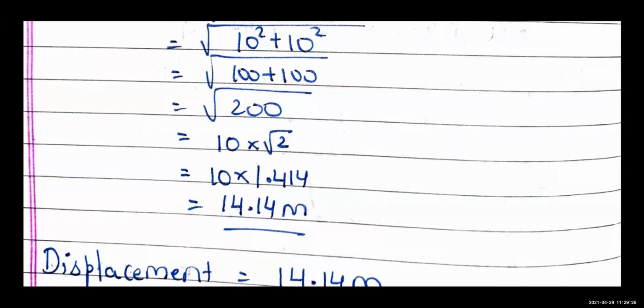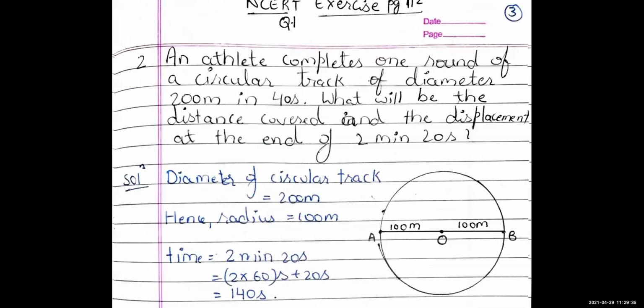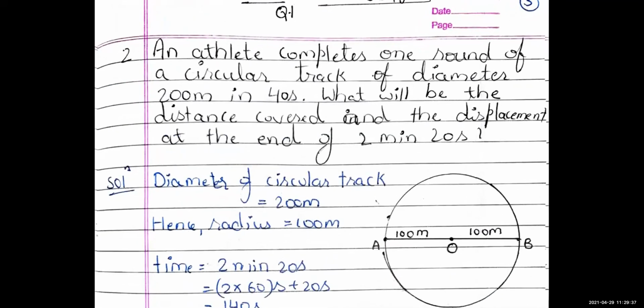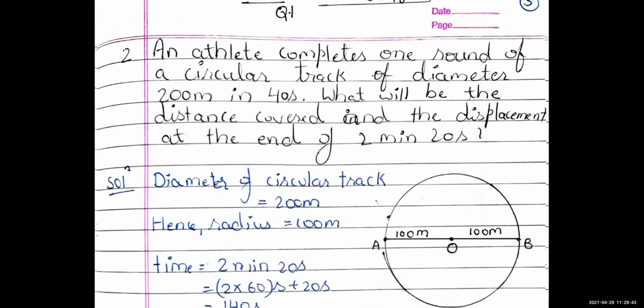Right, beta? Now let's go to the next question, and that is of an athlete. So children, an athlete, a sports person, is completing one round of a circular track. Now you're not having a square, this is a circle.